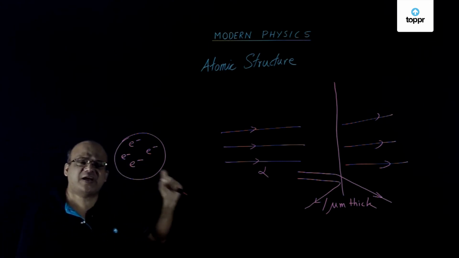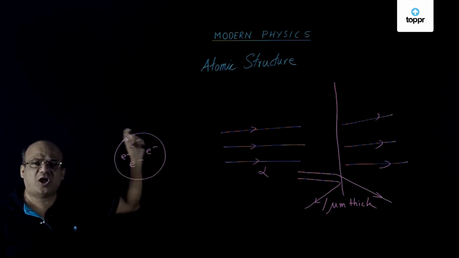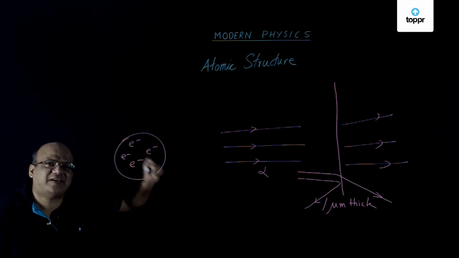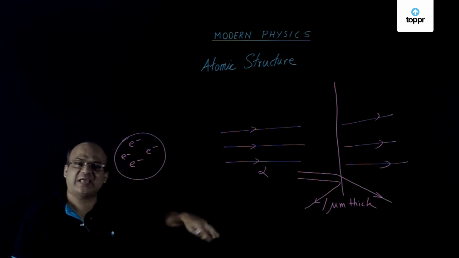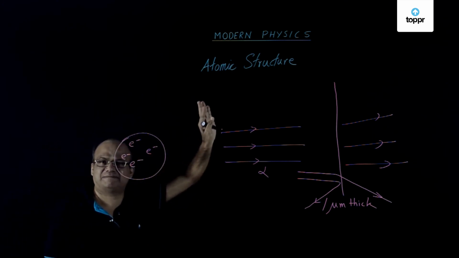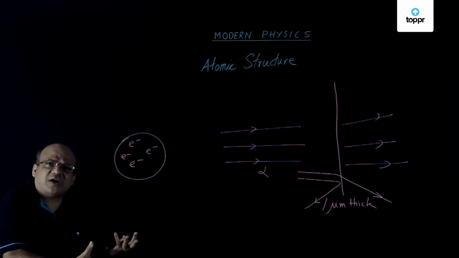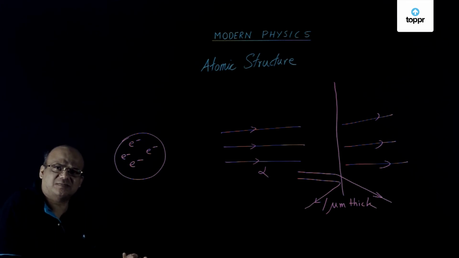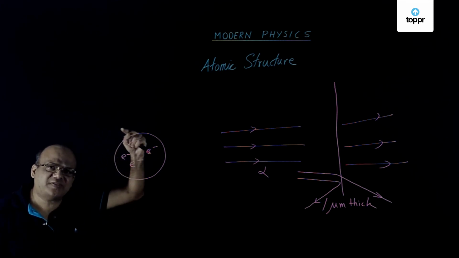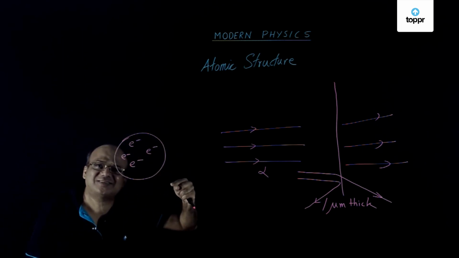At the center of an atom is a nucleus which is very small, and almost all the mass and the entire positive charge is there. Electrons move around the nucleus in circular orbits. Now what were the issues with this model? Why did this model have to be replaced? When an electron moves in a circular orbit, it is an accelerated charge.